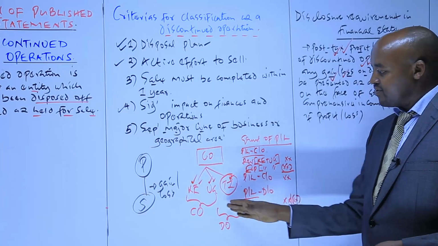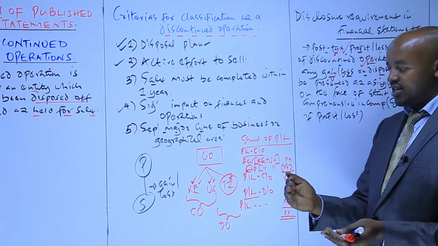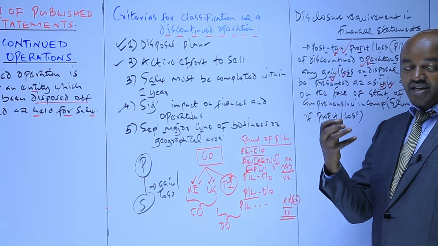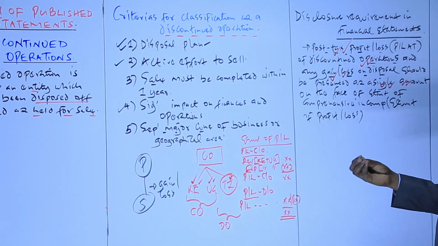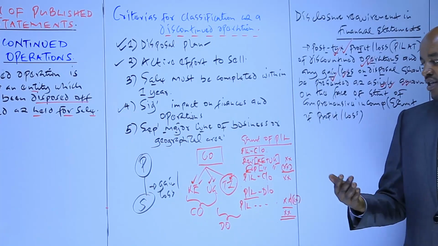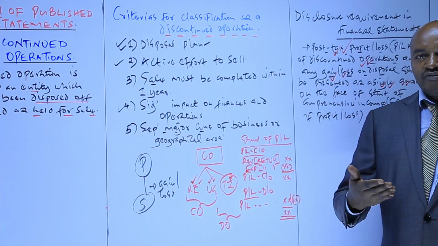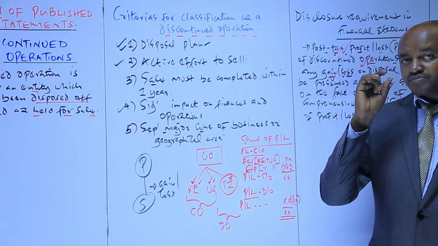The information for this discontinued operation should be separated and shown as a single item on the face of the income statement, such that once the statement of profit or loss is presented, shareholders can see the profit or even the loss reported by this particular discontinued operation.